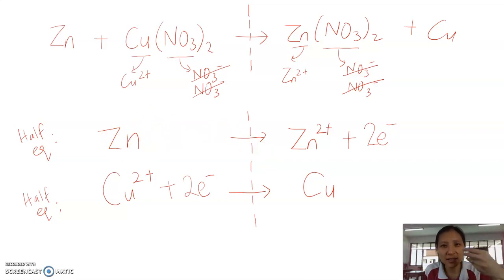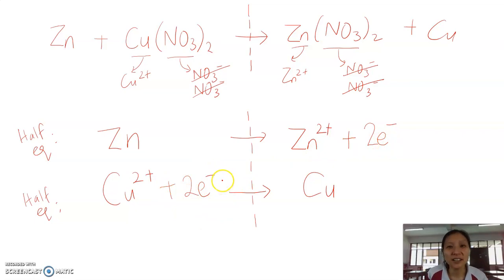When it releases electrons, the electrons come out as a product. And then you can see this Cu2+ receives electrons. So the electrons from Zn are received by the Cu2+. One equation will have electron loss, another equation will have electron gain.